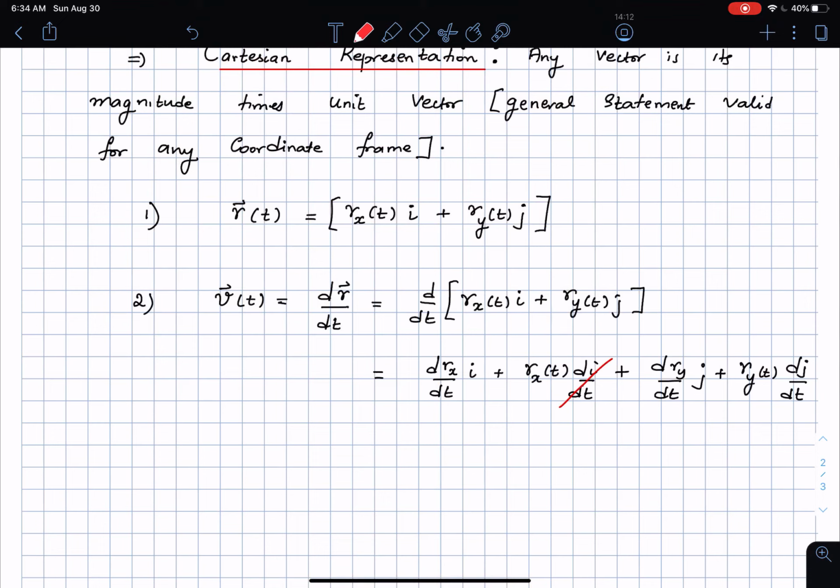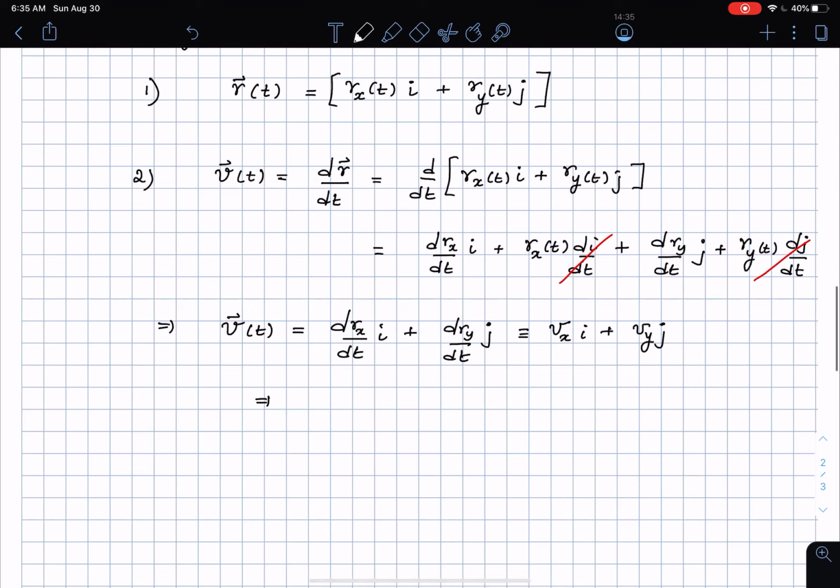This means v of t is going to be drx by dt i plus dry by dt j, which can be written as vx i plus vy j, which tells me that vx is drx by dt and vy is dry by dt.